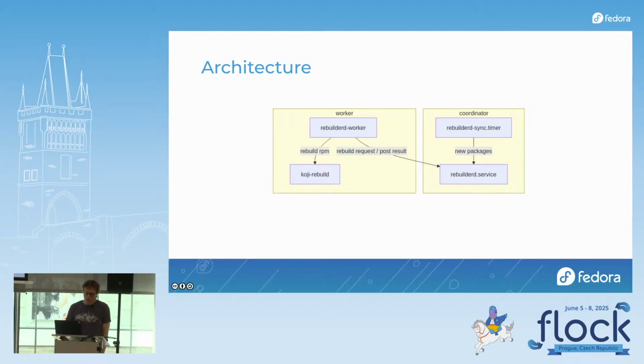RPM build, we query Koji for the list of RPMs that were present in the build root for that build, and Koji has this recorded. Then we download each RPM from Koji, because not all RPMs are available on mirrors, so we have to talk to Koji directly. And then we prepare the build environment for mock, where only the packages that are on this list are available.